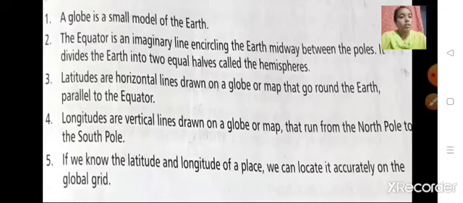Point 5. If we know the latitude and longitude of a place, we can locate it accurately on the global grid.